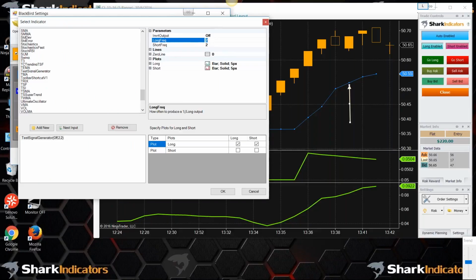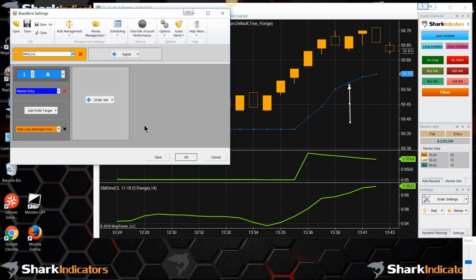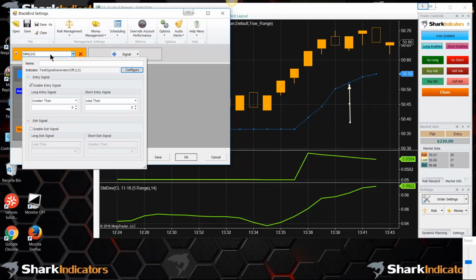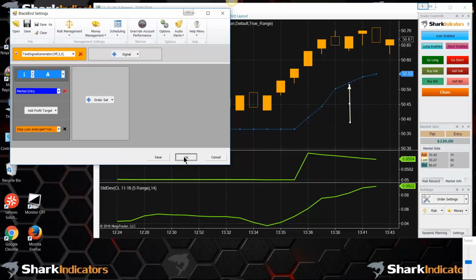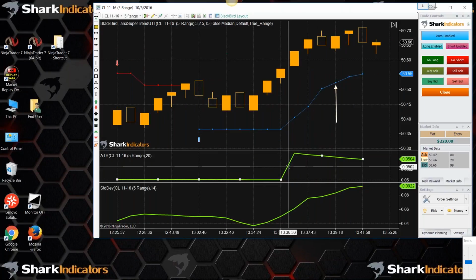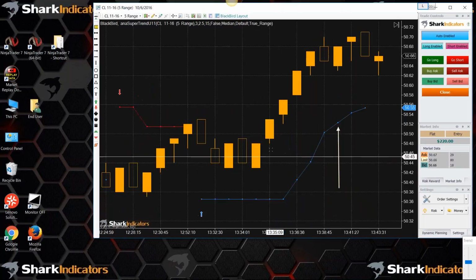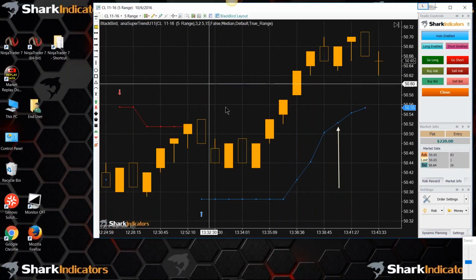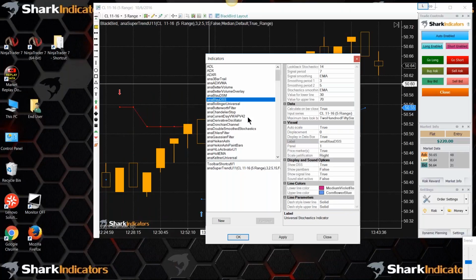Let me set this indicator up to generate some trade signals. This indicator is going to generate some random trade signals to simulate an automated situation. Looks good. And actually, let me also put that indicator on the chart.